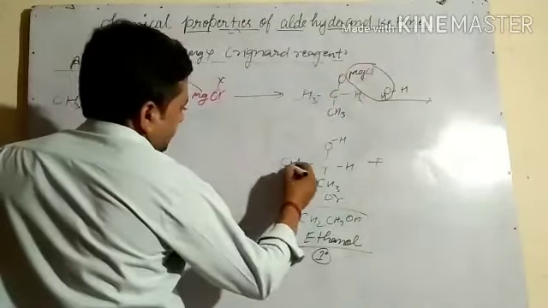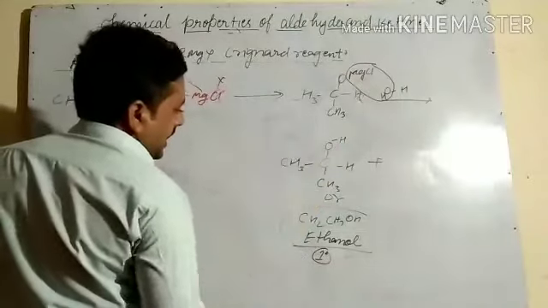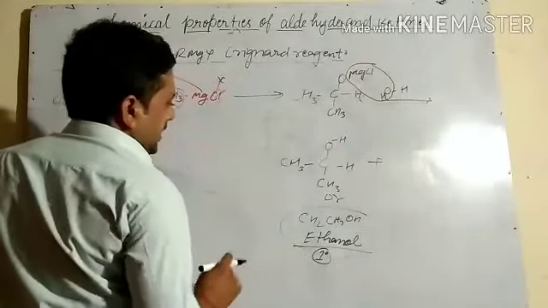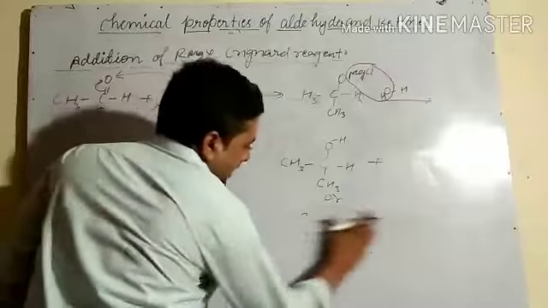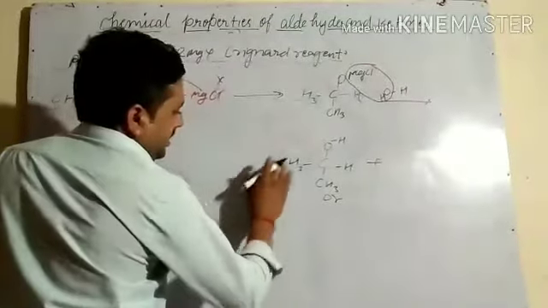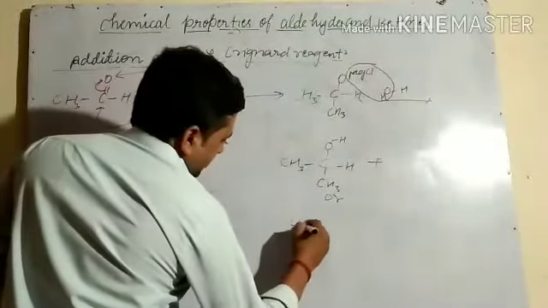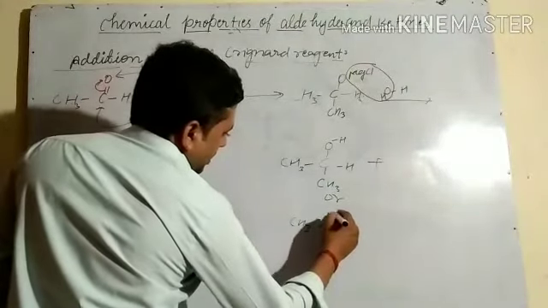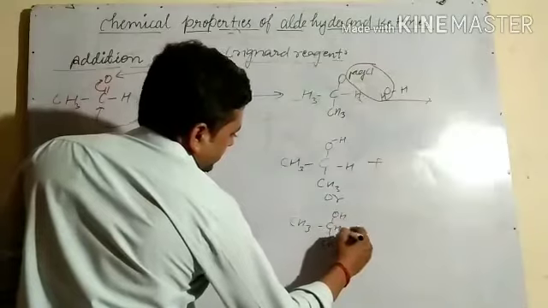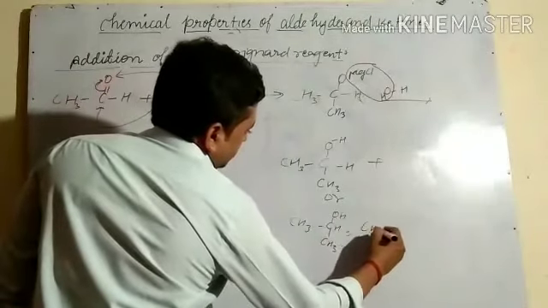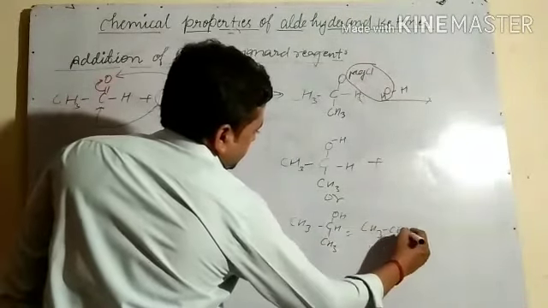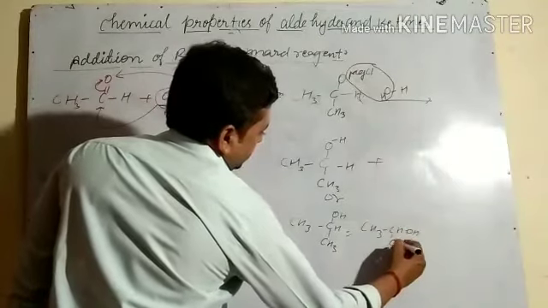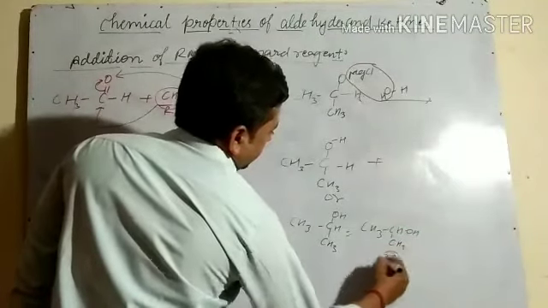For a secondary alcohol, two alkyl groups are bonded to the carbon along with OH and H. So it can be written like this: CH3, CHOH and CH3. So this is a secondary alcohol.